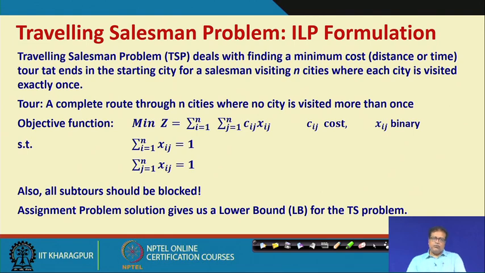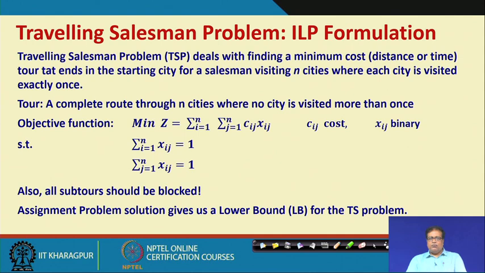We have seen before how to write the constraints for the subtour blocking, so we are not going to discuss that anymore. The only thing to note here is that the assignment problem solution gives us a lower bound for the TS problem.